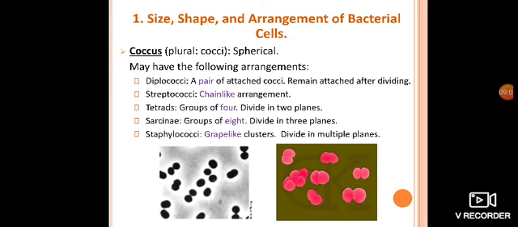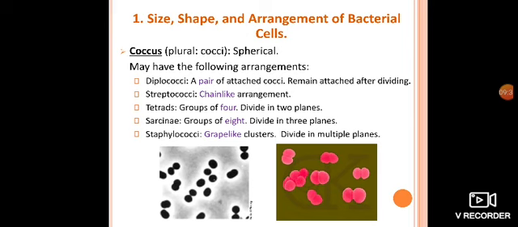Now they may have the following arrangements. In that spherical shape, again they have different types of arrangement, and on the basis of that arrangement they are divided again. So if your bacterial cells are spherical and available in a pair, meaning two spherical bacteria connected to each other, they are termed diplococci.